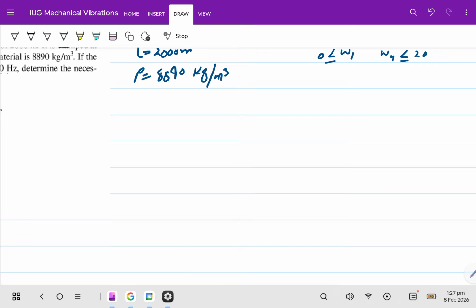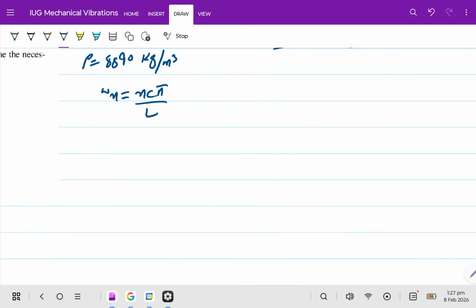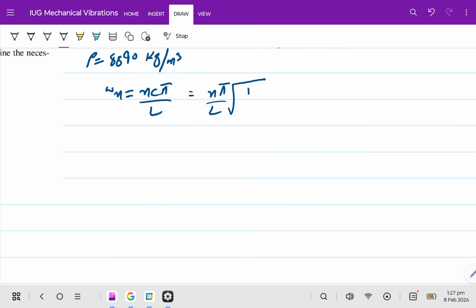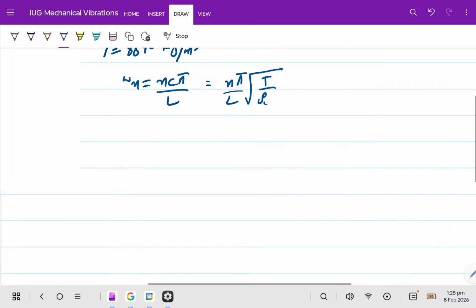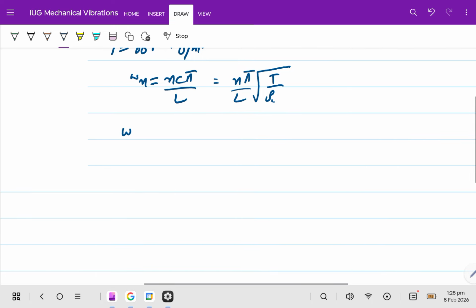For fixed condition, the natural frequency equation is NC pi over L, so you don't need to derive again and again. If you know it's a fixed string, then you can directly write this one, and you can open up C, that is equals to under root of tension divided by the linear density. Now what if we have a condition that omega 4, the last frequency, should be less than 20 hertz?